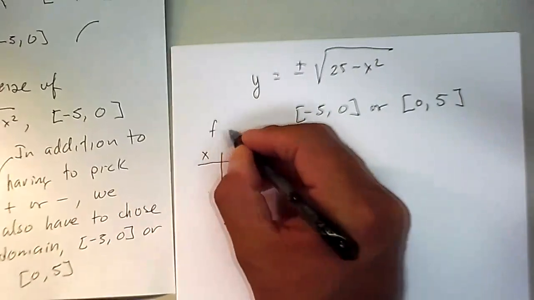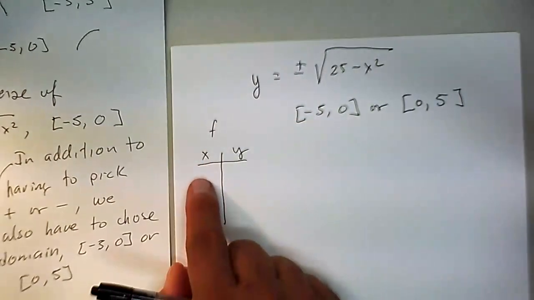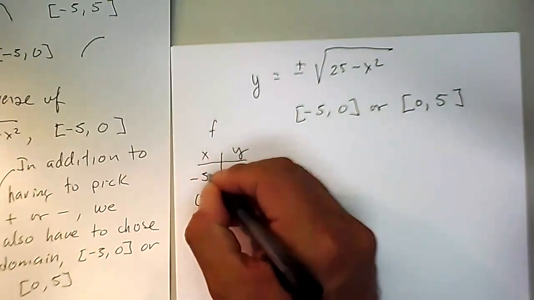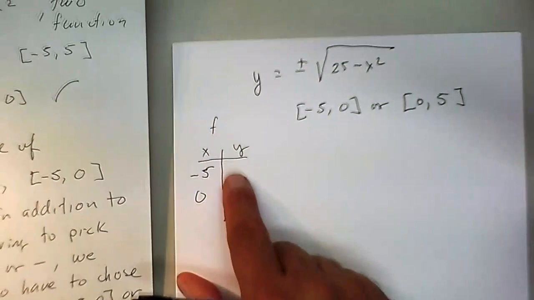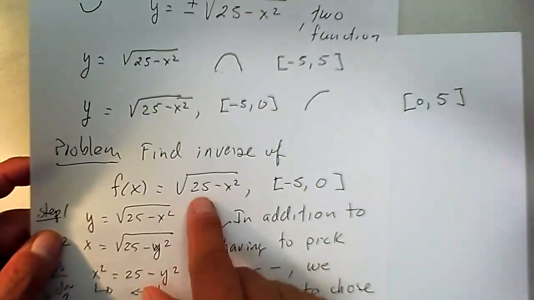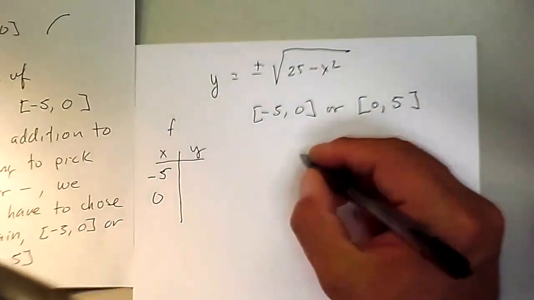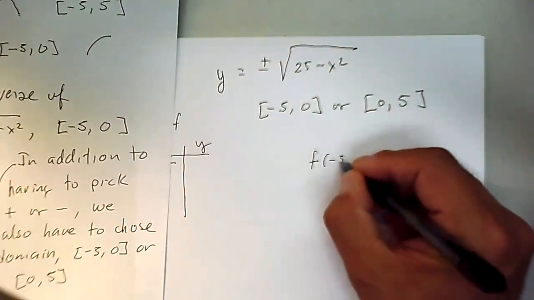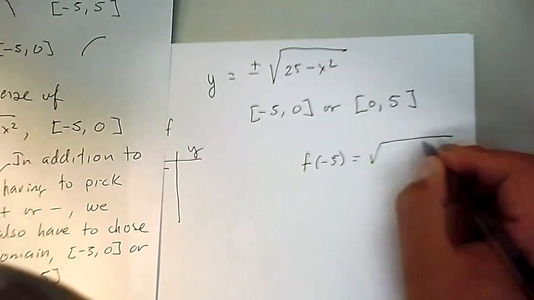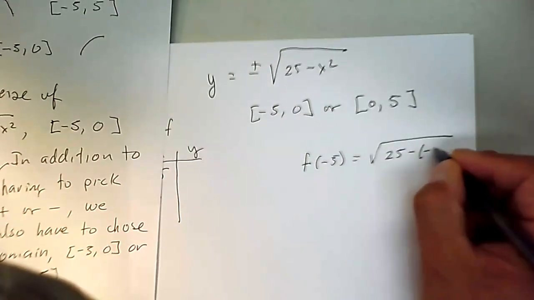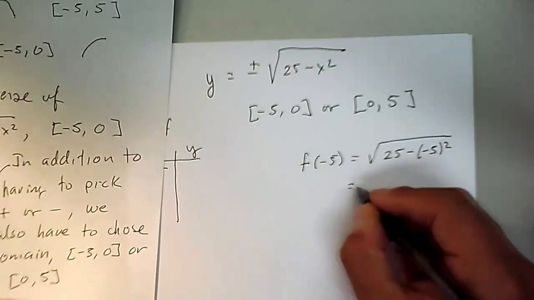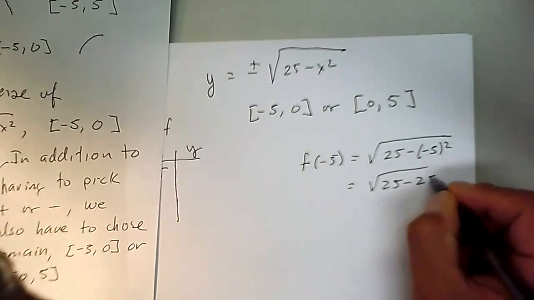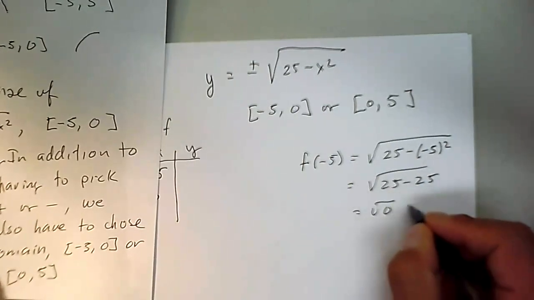The original f had input from -5 to 0. Now let's analyze the output by simply plugging in. F of -5 is the square root of 25 minus -5 squared, which is the square root of 25 minus 25, which is the square root of 0, which is 0.